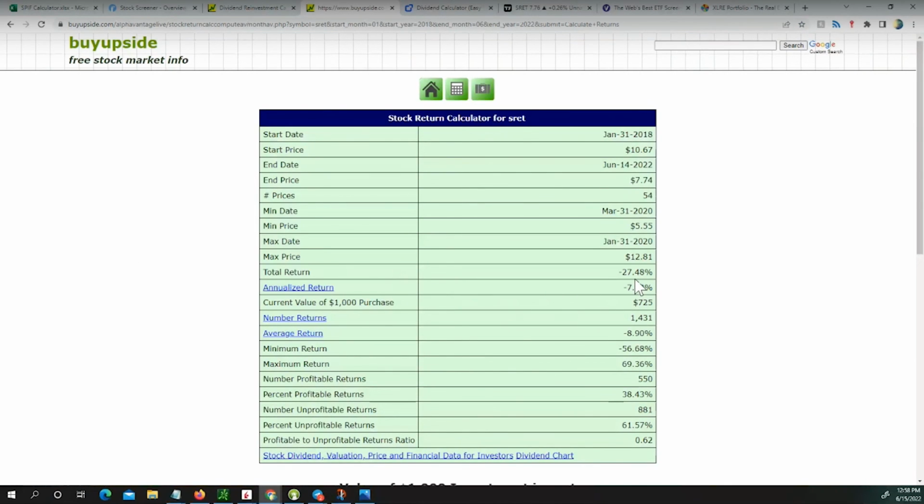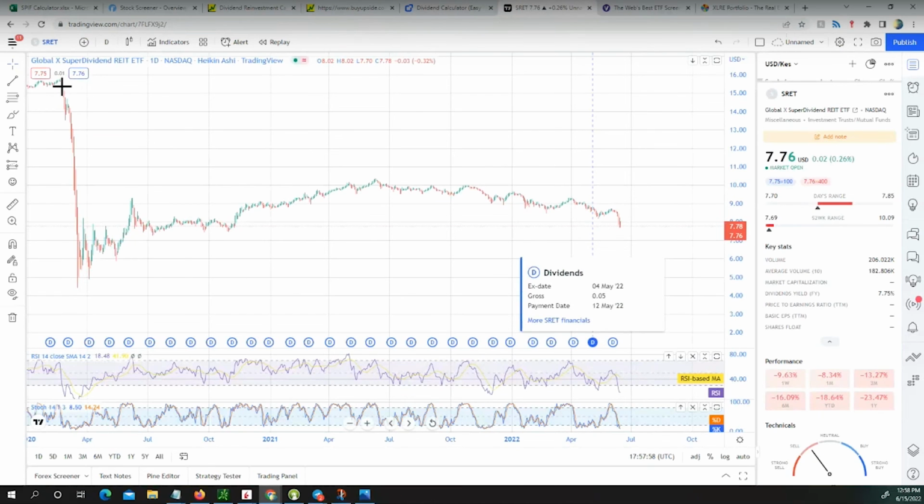They're doing negatively, and that's because you see here they're below their previous high from the corona drop. But it looks like it's going to stabilize and recover. And if you're investing from now going forward with the 7% distribution, chances are it will be a good investment.